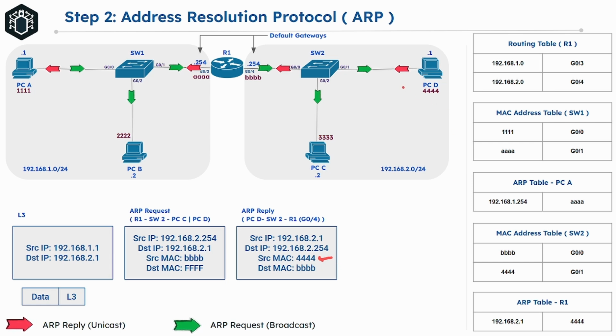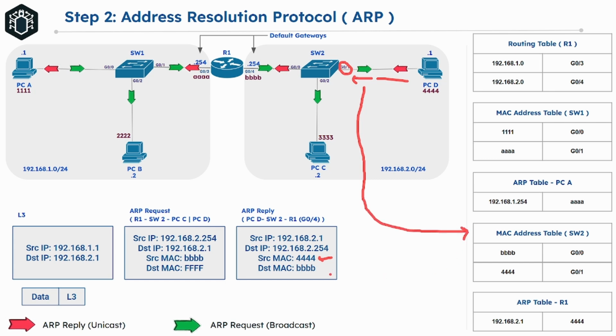As the switch receives the frame from PCD, it learns the MAC address of PCD, which is 4444. It belongs to PCD on the port G01. Now, the switch knows exactly where PCD is located because this entry is saved in its MAC address table.